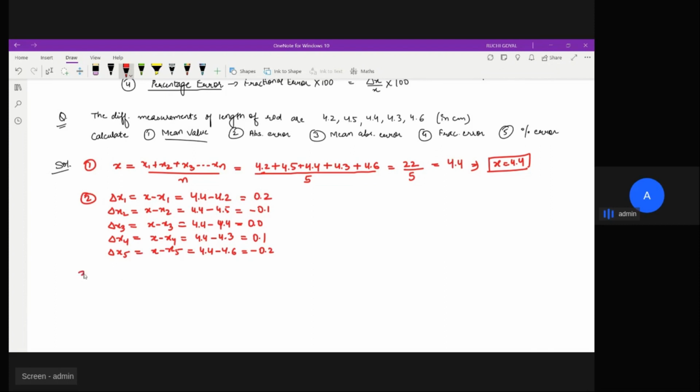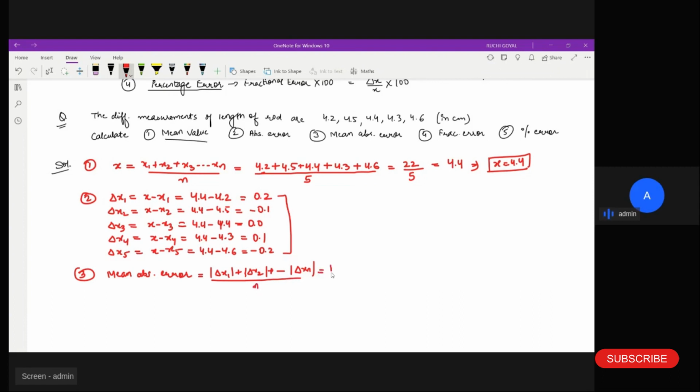Now in the third part, we have to calculate the mean absolute error. How will you calculate it? You sum the magnitudes of delta x1, delta x2 and so on up to delta xn, divided by n.